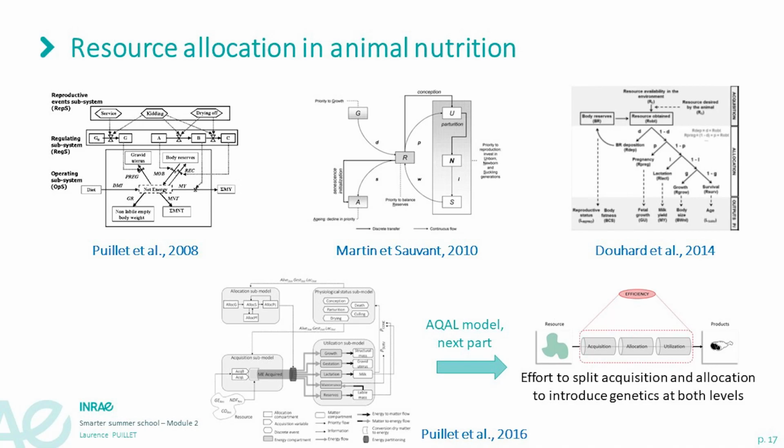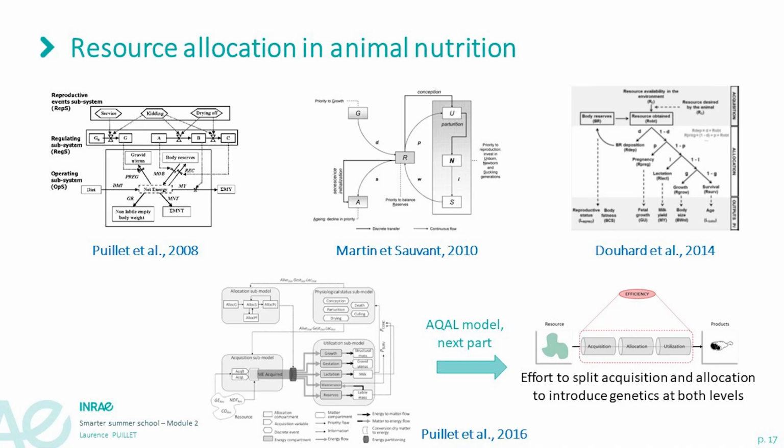The name of the model is ACAL. I'm not very original in finding names for models: it's acquisition allocation in French. We will see that in the next part of the afternoon.